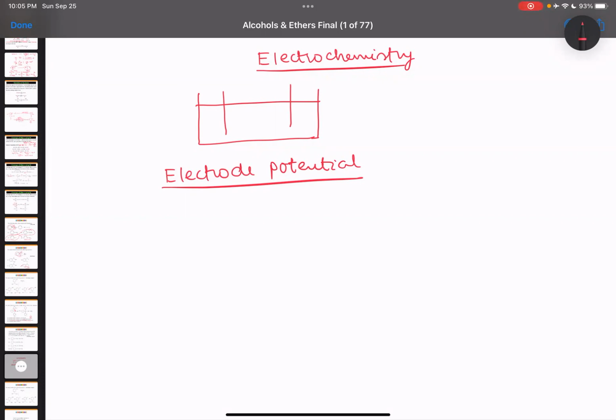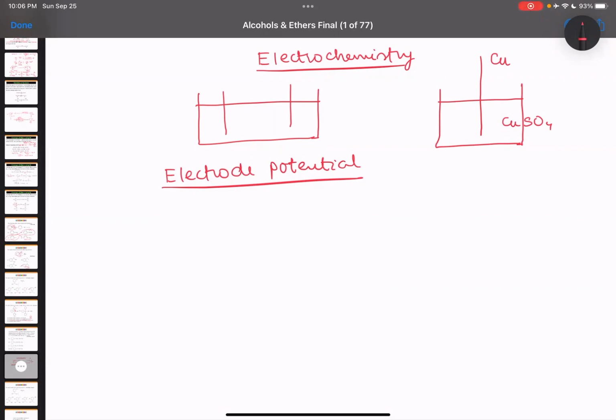Yeah. So suppose you have a copper rod dipped in copper solution, copper sulfate, right? What are the factors on which the electrode potential will depend? How many types of electrode potential are we having? Reduction and oxidation.